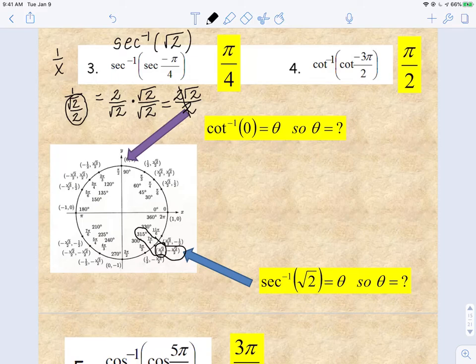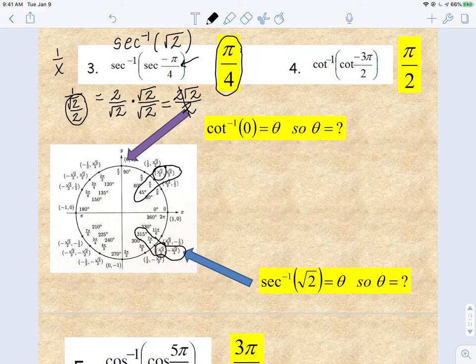So it only makes sense that the same thing has to happen now. I've got to find the angle in the first quadrant where my x value is root 2 over 2. 1 over that would give me the square root of 2. So my angle measure is going to be at pi over 4. And again, rather than use degrees, I'm using radians because the original angle that they gave us in parentheses was in radians.